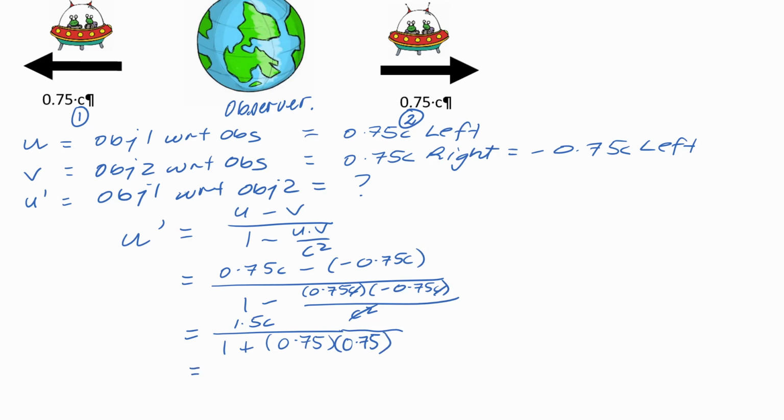And I then end up with 0.96 c. So let's put it in standard notation: 9.60 times 10 to the minus 1 c left. Okay, so we've used that first equation. We're now going to move on to using the second of these equations.